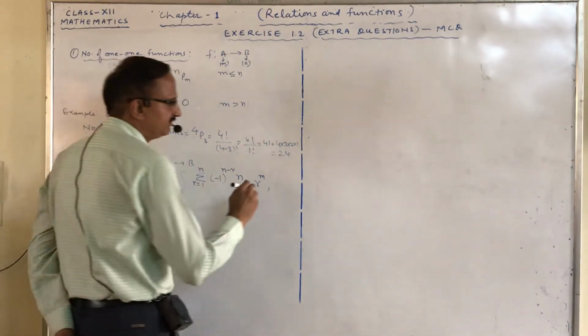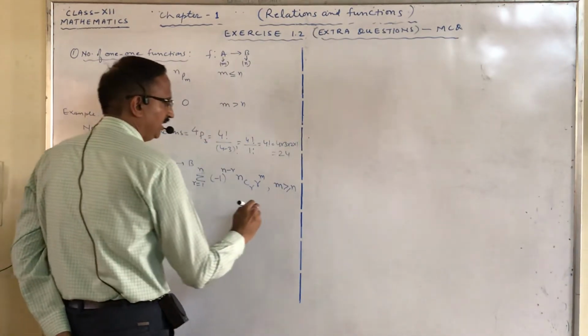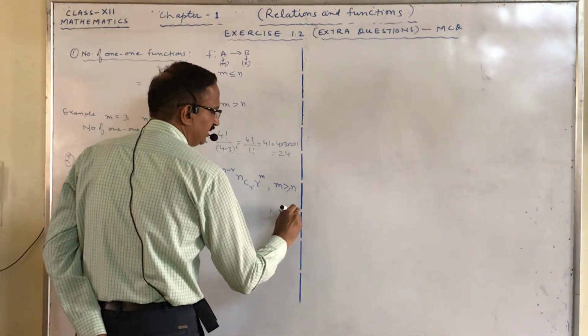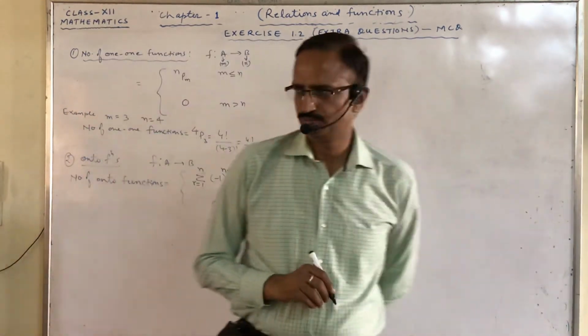This happens when m is greater than or equal to n. If m is less than n, the number of onto functions is 0.